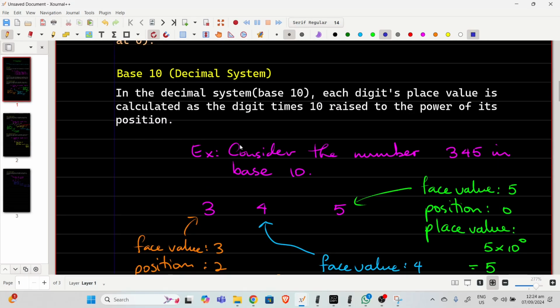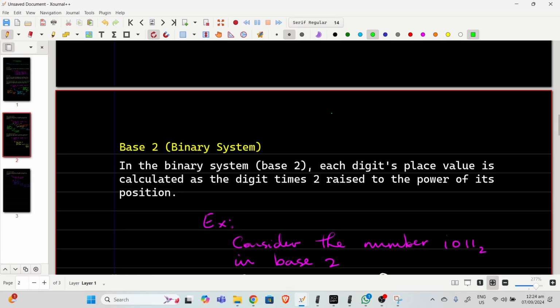So the digits that are visible in the base 10 system are usually 0, 1, 2, 3, 4, 5, 6, 7, 8, and 9. Right? Those are the 10 digits that we use in the decimal system. In the binary system, which is a 2-digit system, 0 and 1 is what we use.